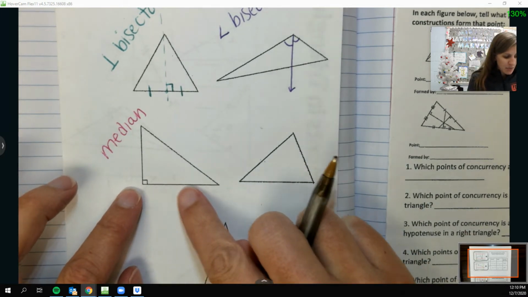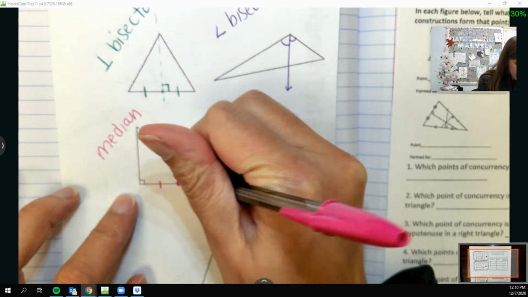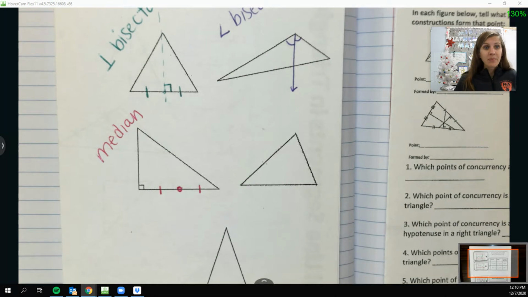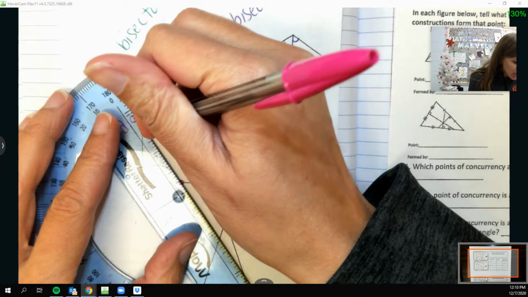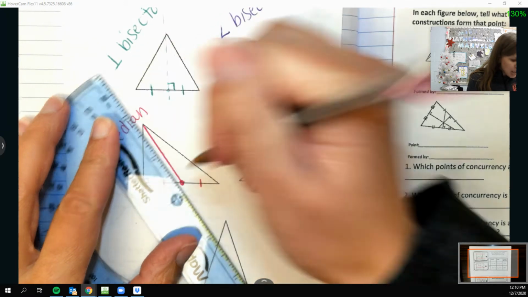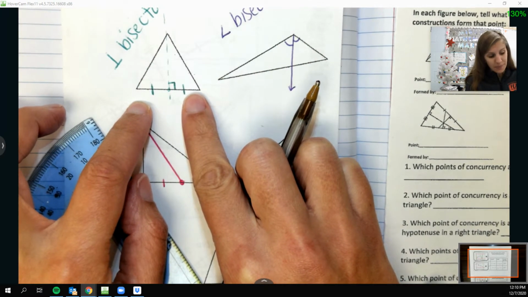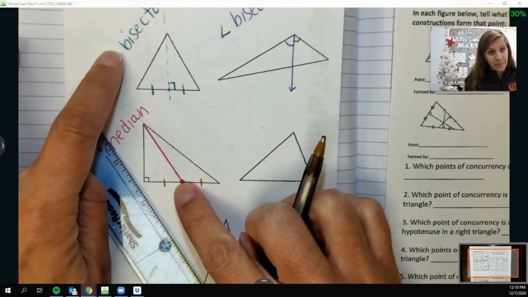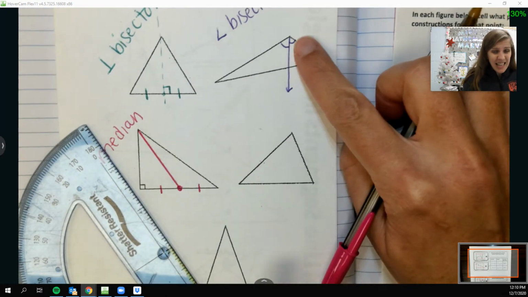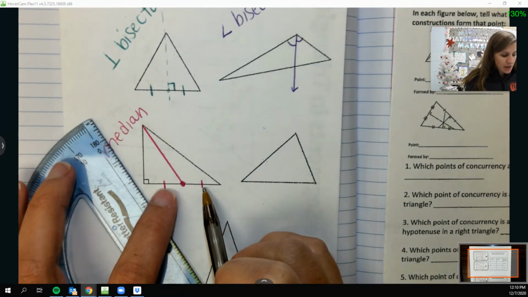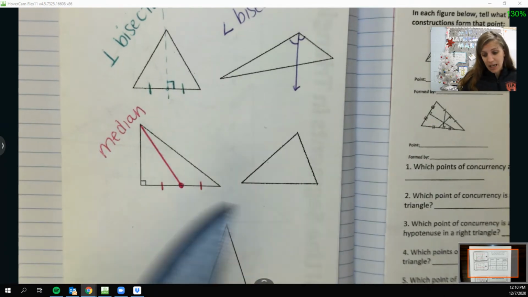So if I find the midpoint of this side, I'll know that it's the midpoint because I'll have tick marks on either side. And then the line that I draw has to connect to the angle opposite of it. So it's got the bisector part like your perpendicular bisector, but it's not necessarily perpendicular. It might be. But it also has to be connected to your angle. So I'm really looking for cut in half and connected to an angle to know that I am a median.